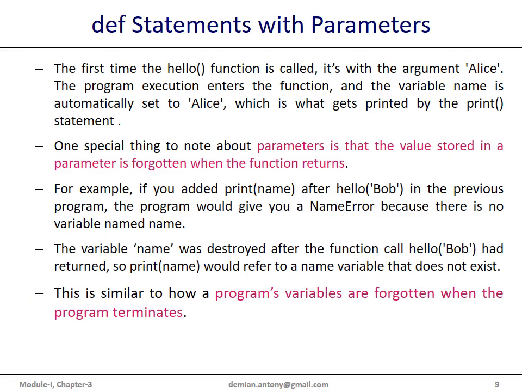It means that if you use the parameter in the main program, it results in a name error, because in the main program where there is a function call, there is no variable named, for example, name, with reference to the previous program.